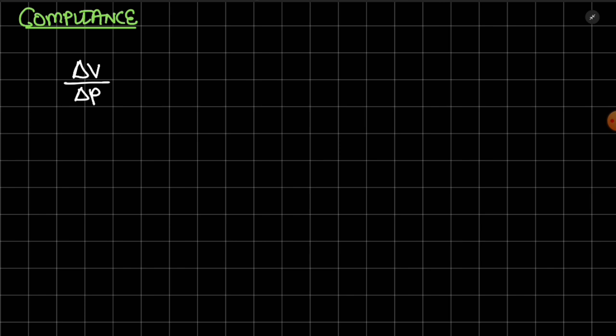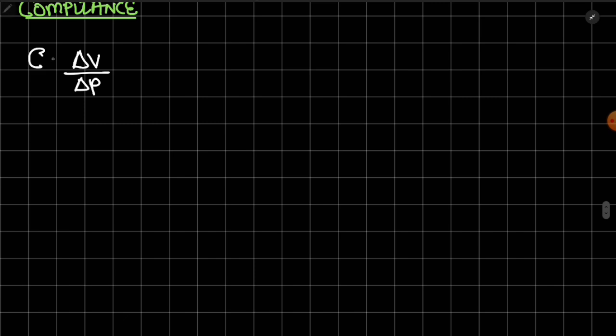If we apply this to the lungs, when we are taking tidal volume, the lung is more compliant. But if we breathe maximally at its peak, then the lung is more elastic and less compliant. So compliance is basically delta V by delta P.